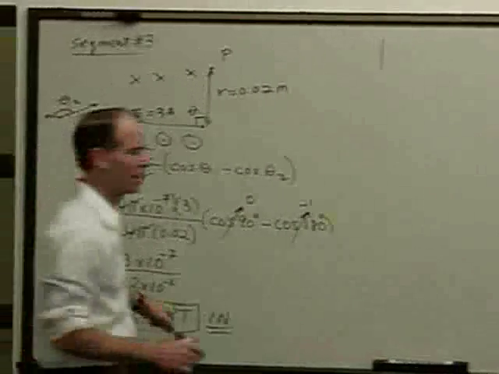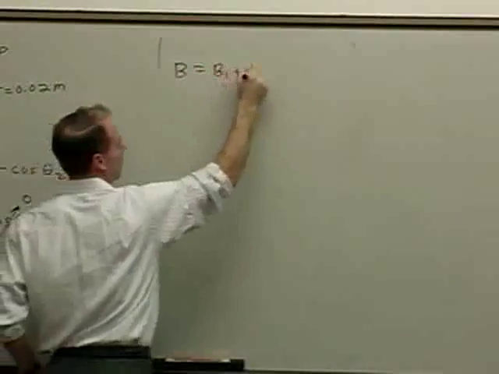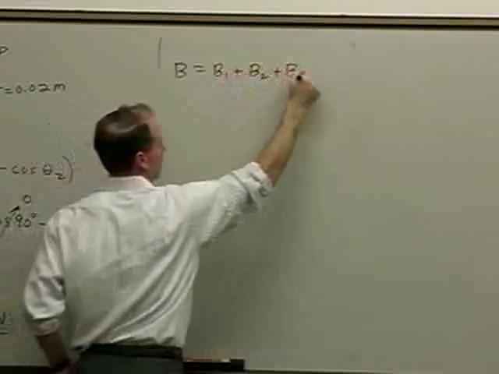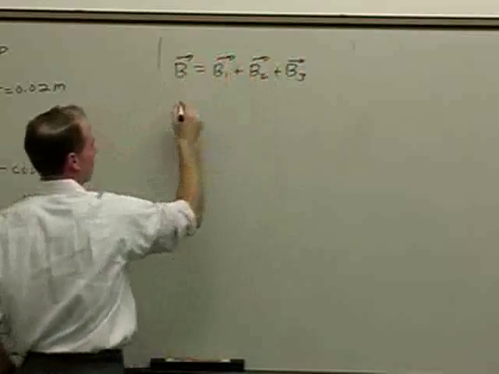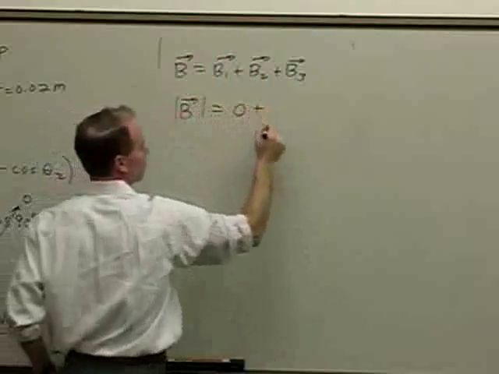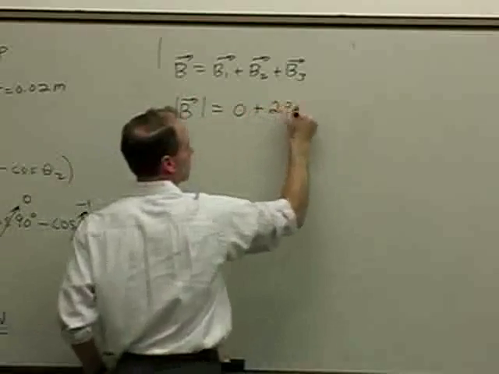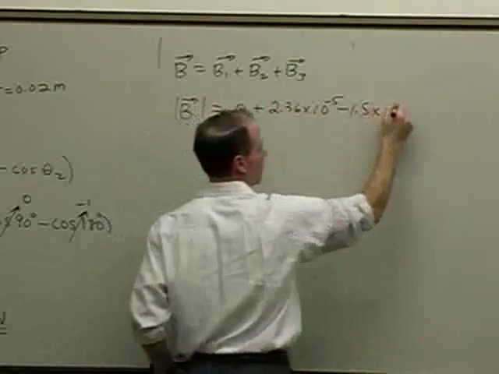So we want to find the net magnetic field at point P. We have 3 of them. One of them's in, one of them's out. It looks like the one that's going out is larger than the one that's going in. So our net magnetic field is going to be the sum of these 3, at least vectorially. In terms of magnitude, that's going to equal 0 plus 2.36 times 10 to the minus 5 minus 1.5 times 10 to the minus 5.